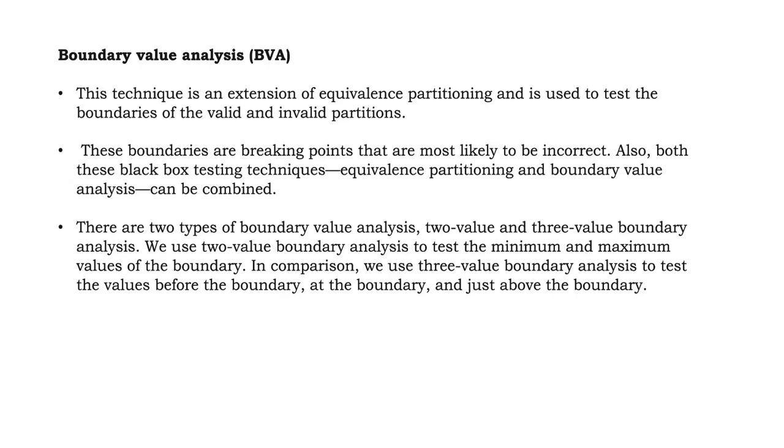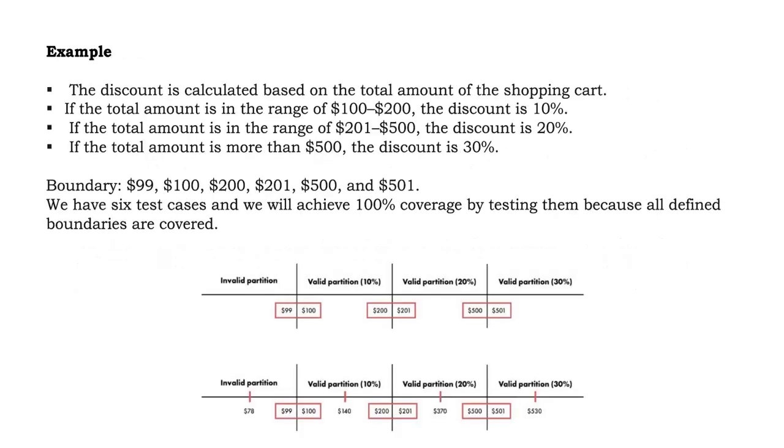Correct. So this is how we can test by putting in different values, combining the techniques of boundary value analysis and equivalence partitioning. We can test this. Let's see another example.